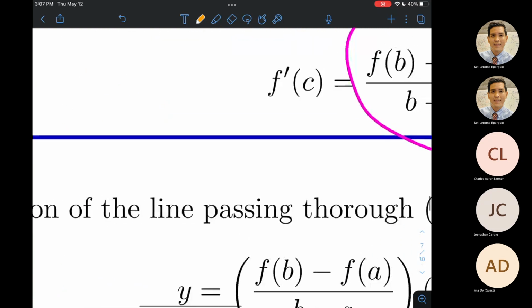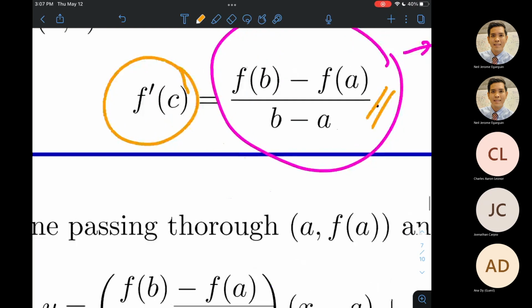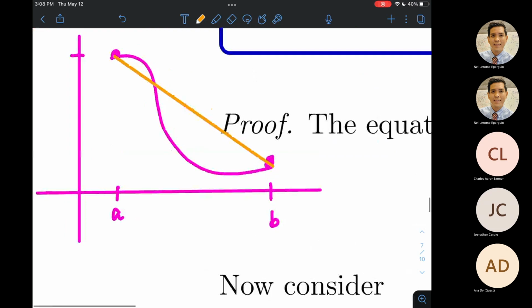Because f prime of c, ito yung slope ng tangent line sa c, ay equal lamang sa slope ng line passing through the endpoints. So basically, dapat parallel sila, di ba? Analytic geometry is waving na kapag ka-equal yung slopes, dapat sila ay parallel.